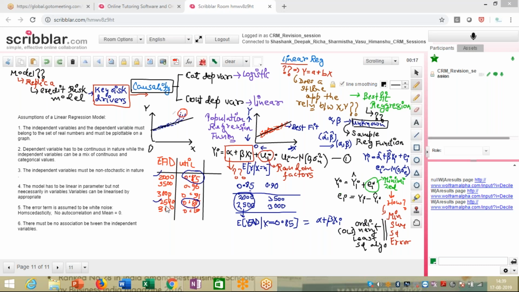Observe that there are two readings of 0.85, but every time the utilization was 0.85, the EAD value was very different from each other. So given a utilization, the EAD is not always the same.